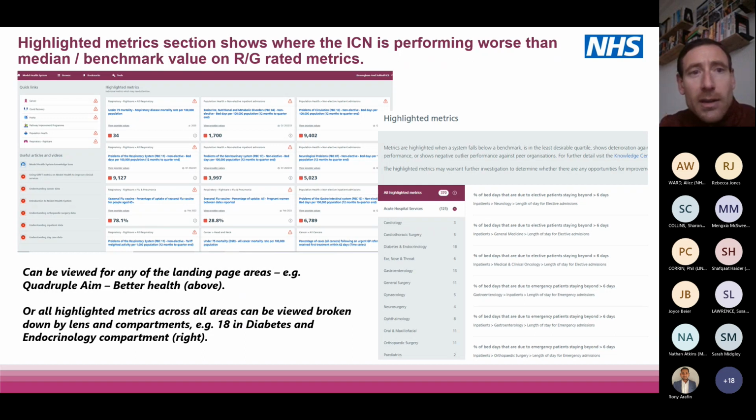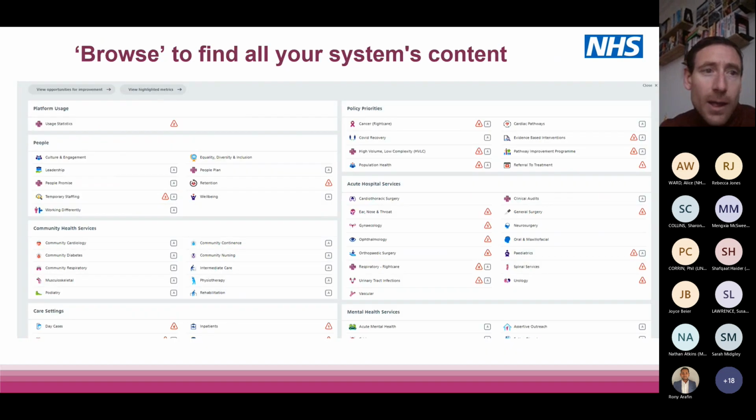You can then click onto any of these and it will take you through to view that indicator in more detail. There's also a view all highlighted metrics option, which just lists all the compartments and shows how many metrics are being flagged in each of those. So that's just a quick overview of two of the different ways in.